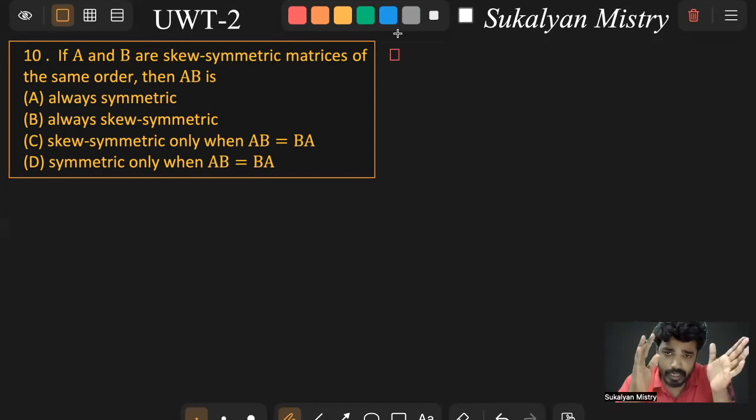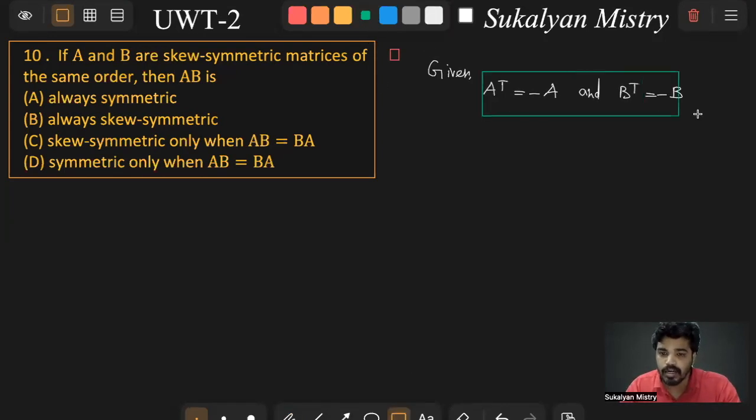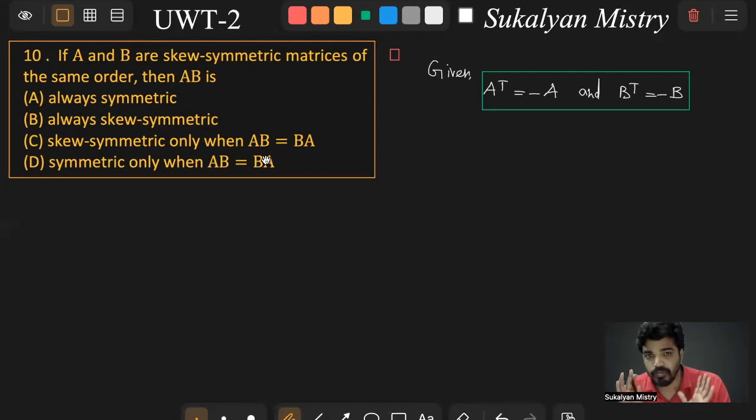A matrix A is said to be symmetric if A transpose is equal to A. Here A and B are skew symmetric, that means A transpose is equal to -A and B transpose is equal to -B. We have to show whether AB is symmetric or skew symmetric.